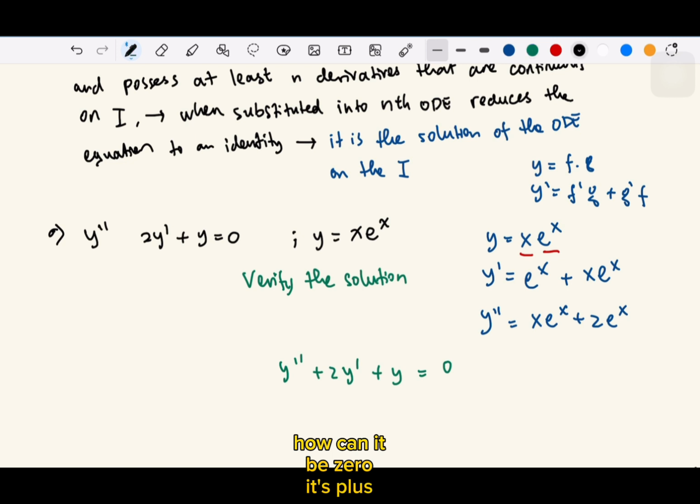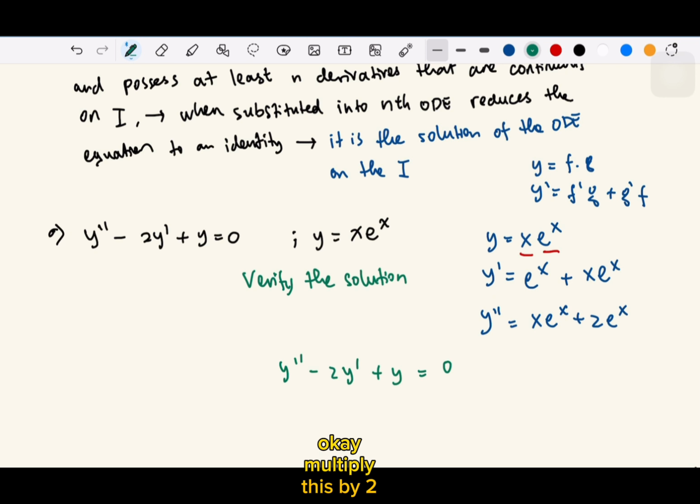How can it be 0? It's plus plus, so it should be minus. Okay, it should be minus. But if it is plus, then you can say the solution doesn't satisfy the differential equation. Okay, you can check.